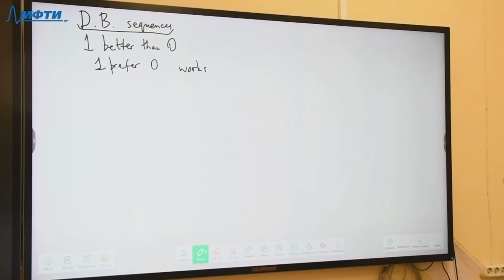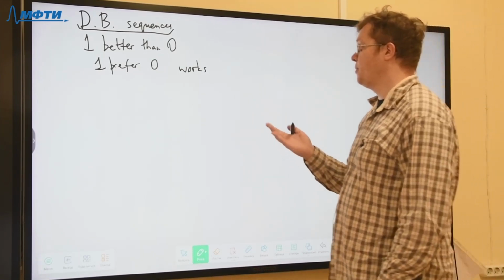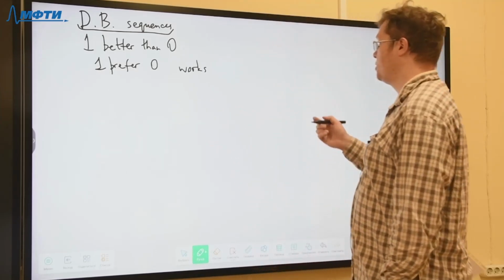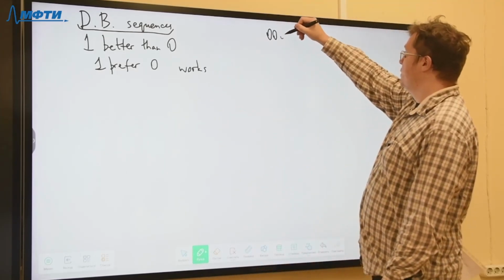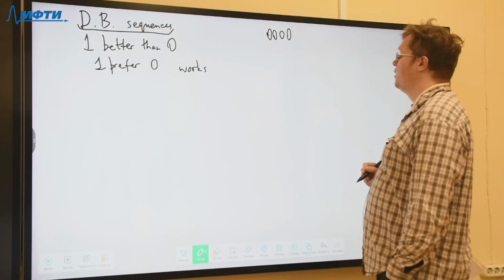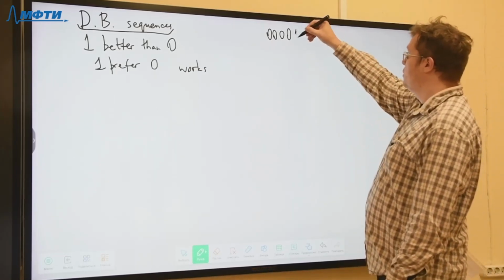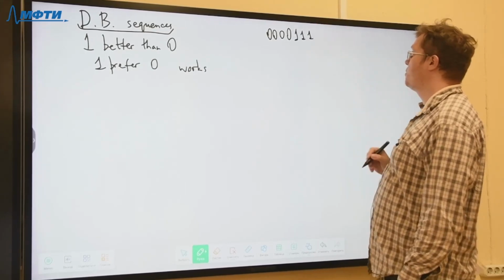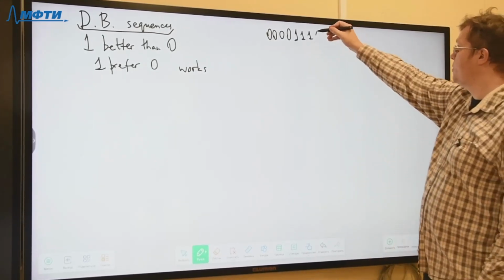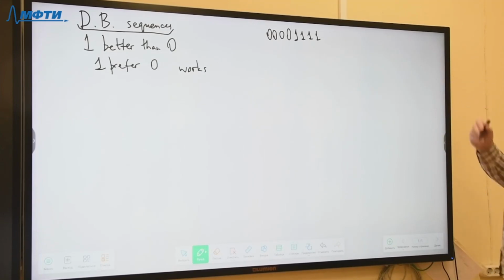I suppose that last time it was 0 better than 1, but we can also write a similar algorithm. If 1 is better than 0, you just need to start with n zeros, and then try to write the 1 if possible, and if the sequence would be repeating, then we'll write zeros.